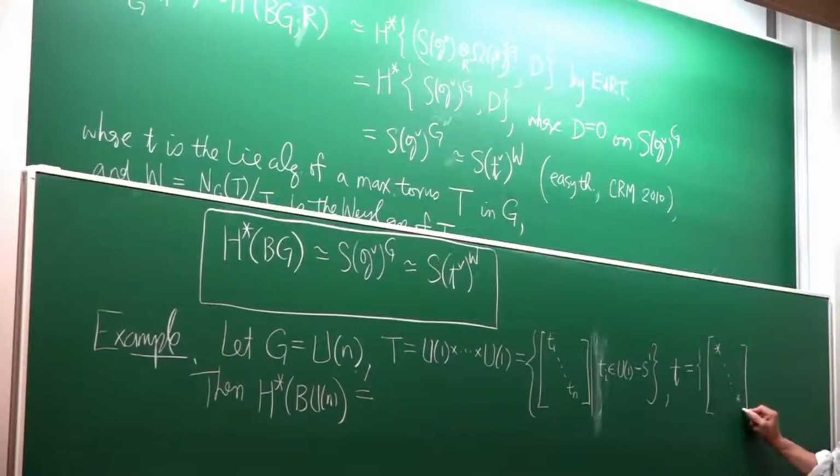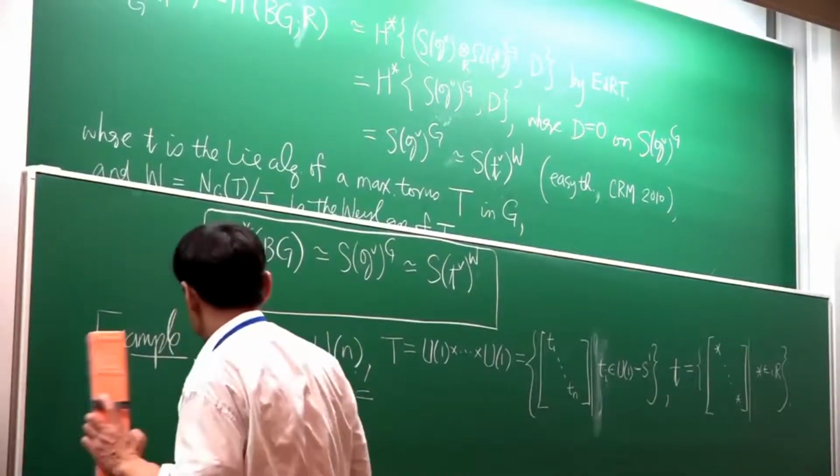And so the Lie algebra of the maximal torus is the diagonal matrices, okay? Where each star is in iR.